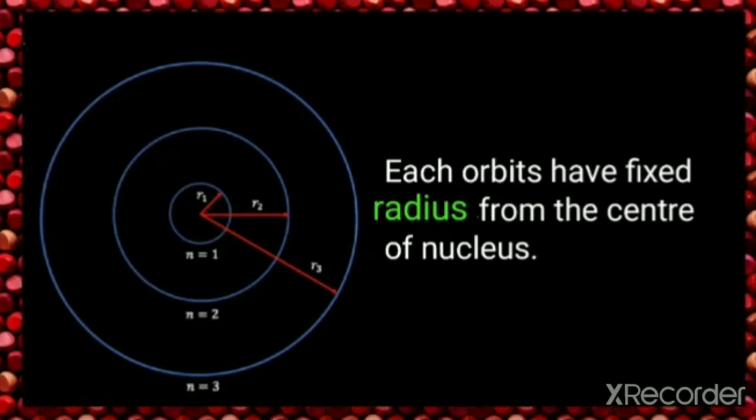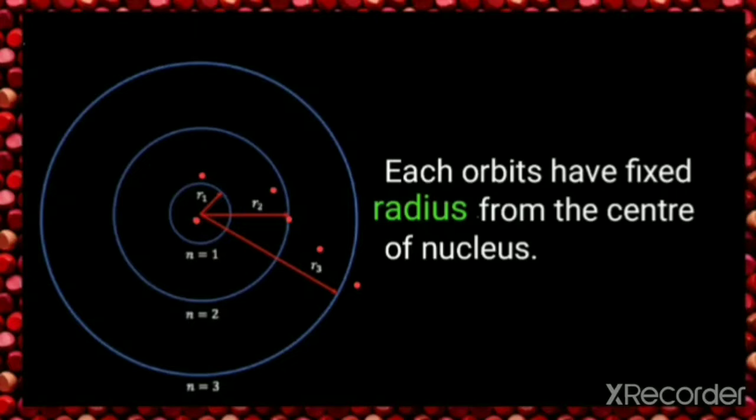Each orbit has a definite radius also. When we count the distance from the center of the nucleus to that particular orbit, we get a length, that is the radius. In the figure, you can find that R1 is the radius for the first orbit, R2 is the radius of the second orbit, and for the third orbit, the radius is represented by R3.